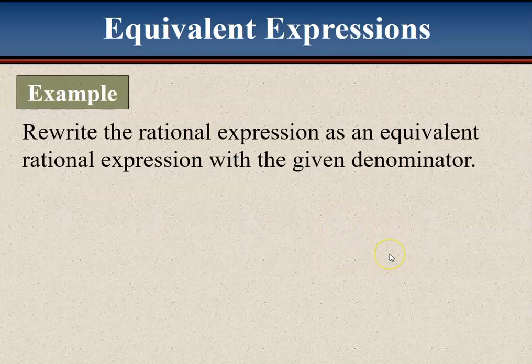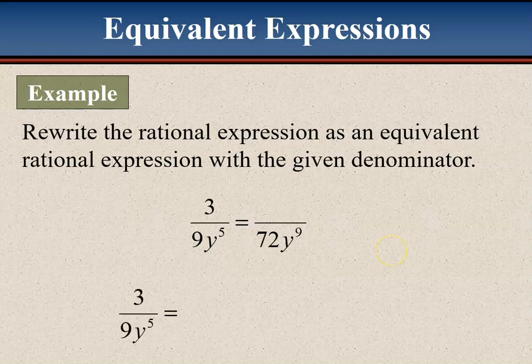Rewrite the rational expression as an equivalent rational expression with a given denominator. For example, we have 3 over 9y to the power of 5. What is the denominator? When we check, we find which factor we multiply to 9y to the power of 5 to become 72y to the power of 9.